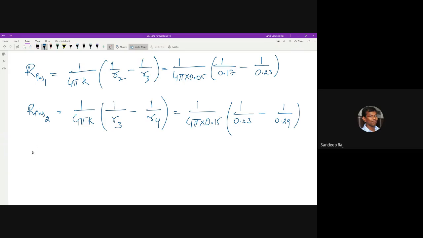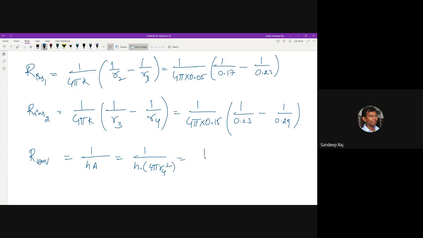And then R convection, you have to get. R convection is 1 by hA. It is 1 by h into area. Here, if you take, it is 4 pi R4 square.